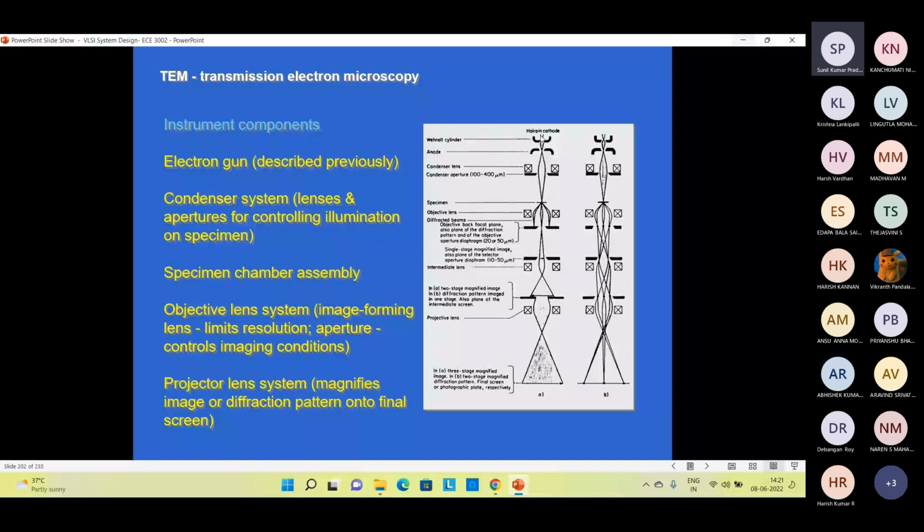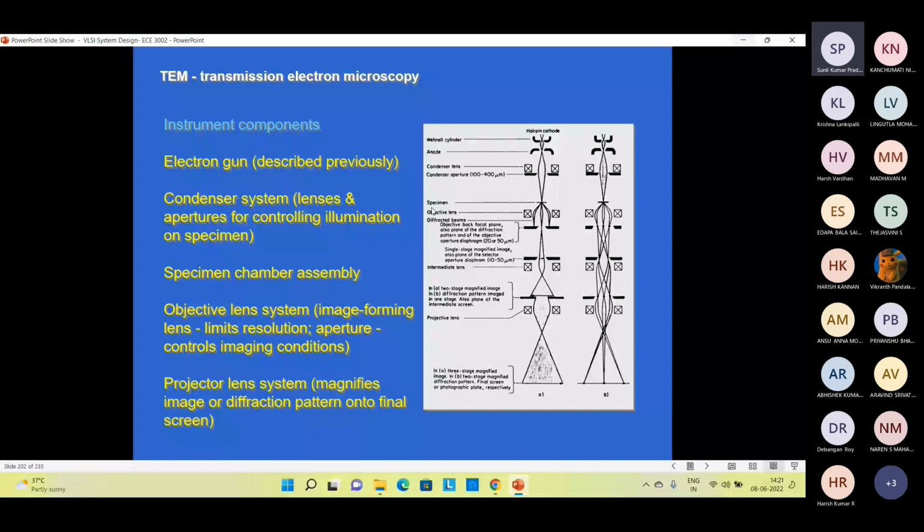The beam diameter is considered to be about 1 nanometer. Then we have a positive electrode, which we call the anode, and a condenser lens and condenser aperture. Then the specimen, where we have our sample, and this is our objective lens.